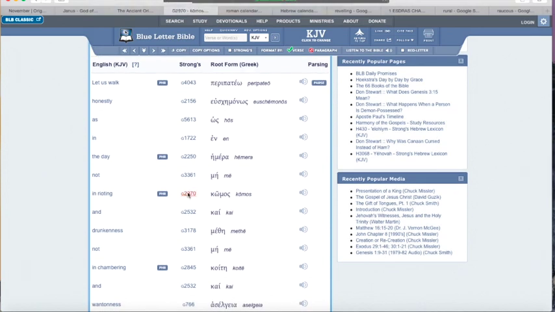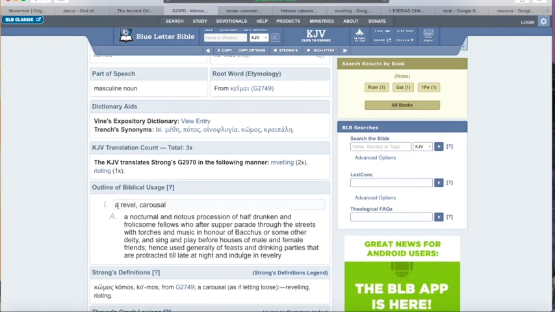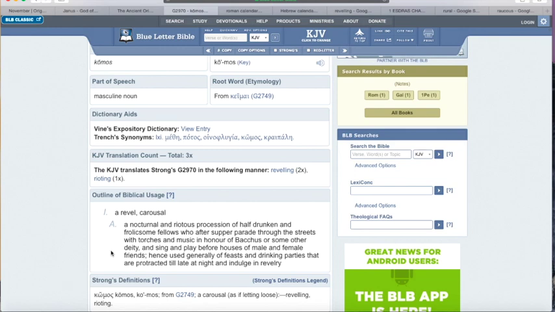But let's go to rioting. And I like this definition right here. And it says, nocturnal and riotous procession of half-drunken and frolicsome fellows who after supper parade through the streets with torches and music in honor of Bacchus or some other deity. So this would be Janus.